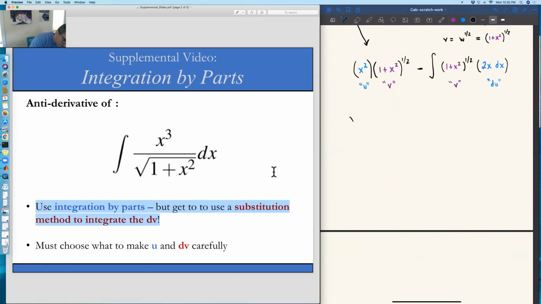So we have this as x squared times 1 plus x squared raised to the 1/2 power. And the integral that we get to do at the end of the day, we can pull that 2 out in front. So we have minus 2 times the integral of x times 1 plus x squared raised to the power of 1/2 dx.